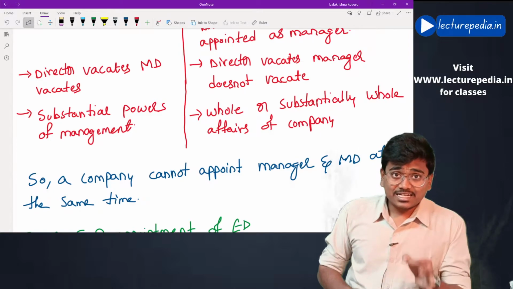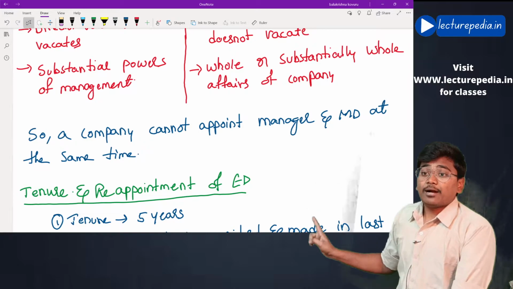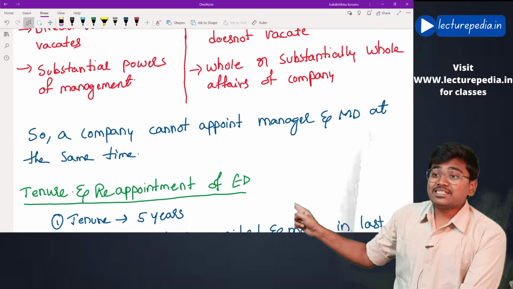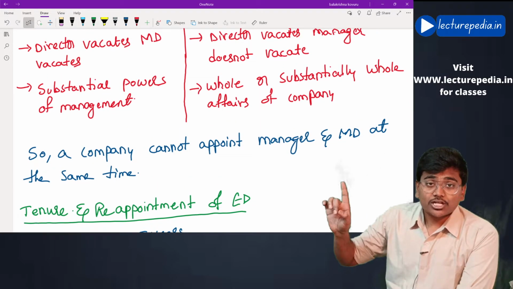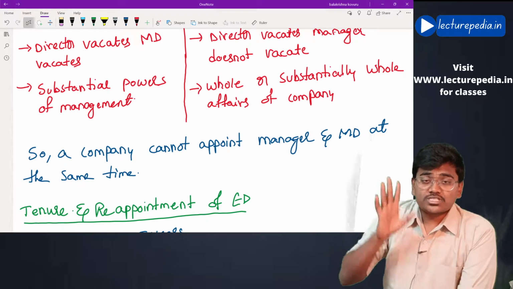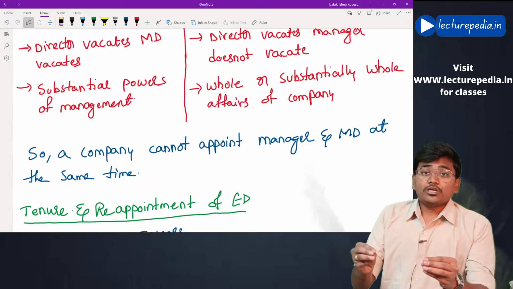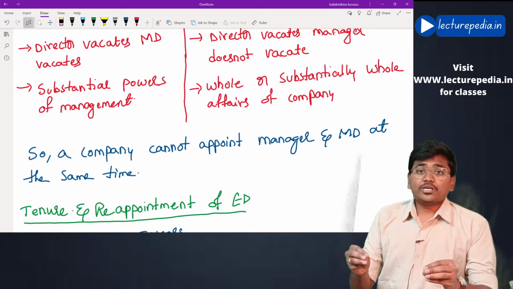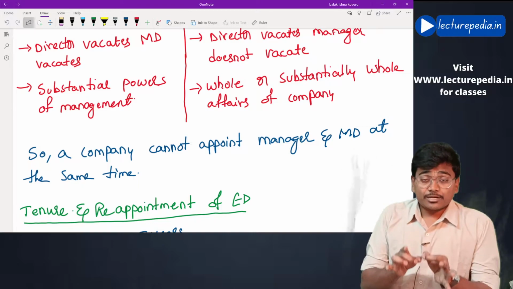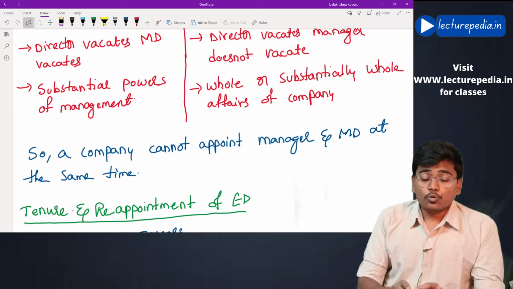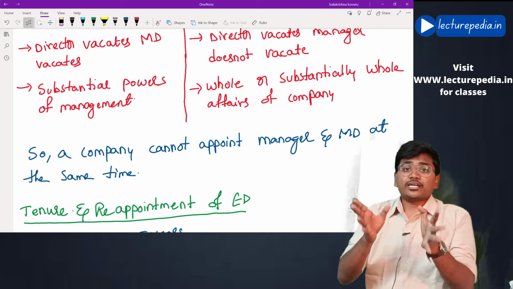Now, that is the reason why what Companies Act says is a company cannot appoint manager and managing director at the same time. Why? Because the powers that are given to both of them are almost same. If you appoint both manager and managing director in the company, there will be overlapping of powers and there will be some type of conflict between these two parties. Thereby, Companies Act doesn't allow a company to appoint both managing director and manager at the same time. Hope that is clear.